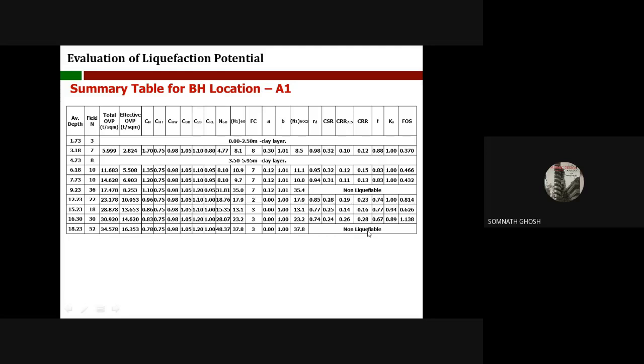The liquefaction potential is evaluated according to IS 1893, and after that they have recommended the pile capacity. So you can easily understand that.